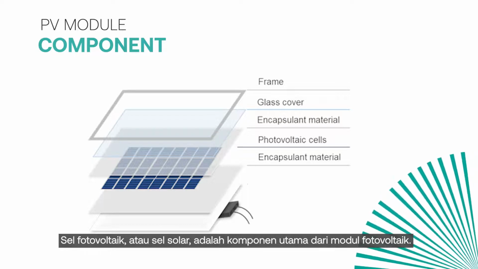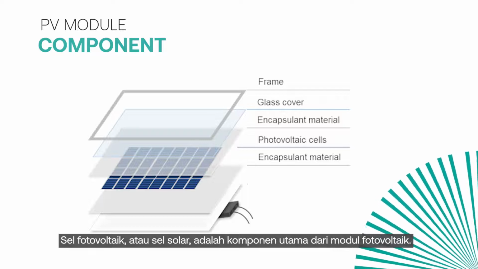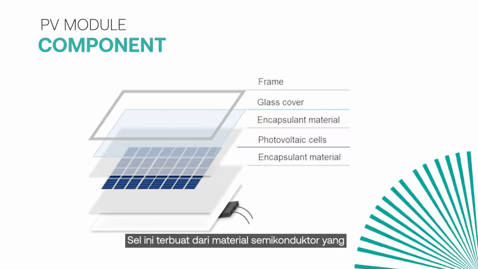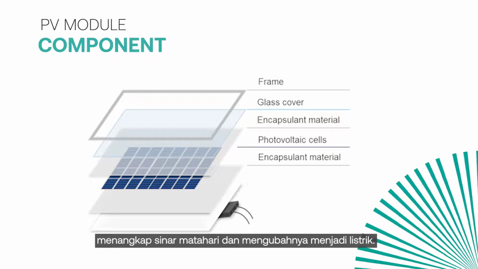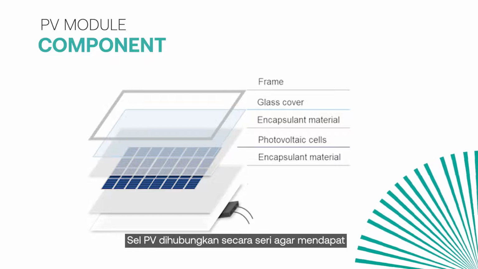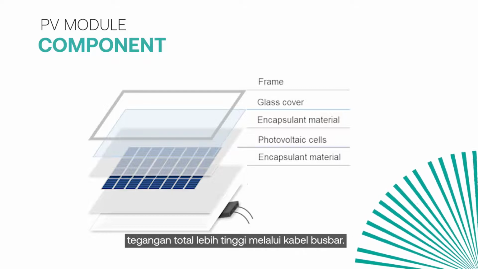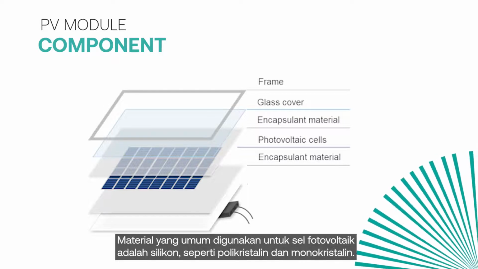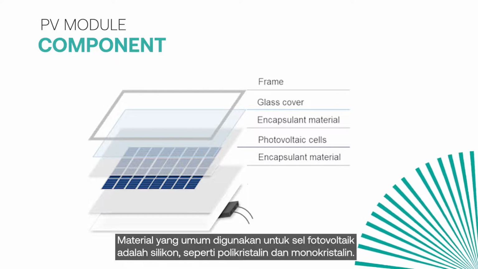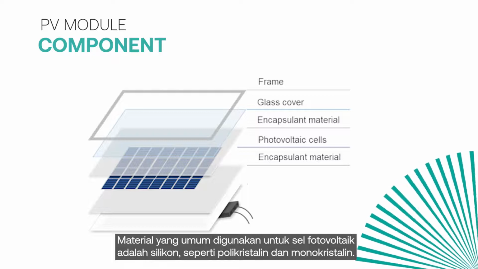Photovoltaic cells or solar cells are the main component of the photovoltaic module. They are made of semiconductor material that captures sunlight and converts it into electricity. PV cells are connected in series to obtain higher total voltage through the busbar wire. Materials used for photovoltaic cells are generally silicon, such as polycrystalline and monocrystalline.